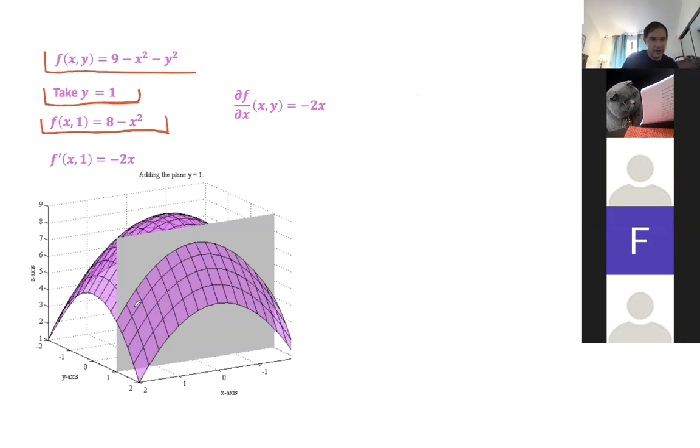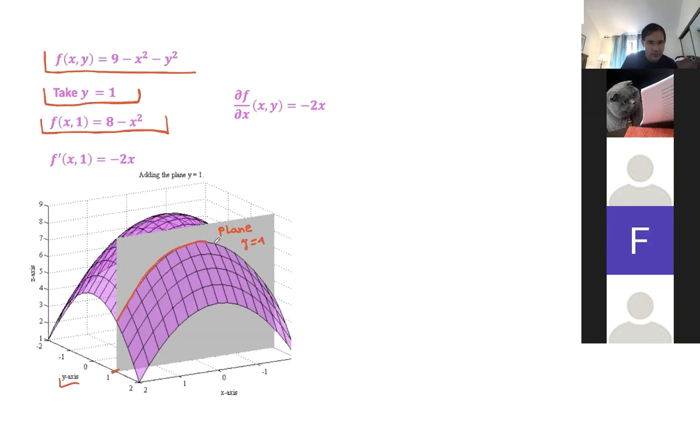So the function looks like this. This is the plane y equals 1. So here's 1 on the y coordinate, and this is the plane y equals 1. And if I take the intersection of this plane and the function, that will give me this function of one variable.